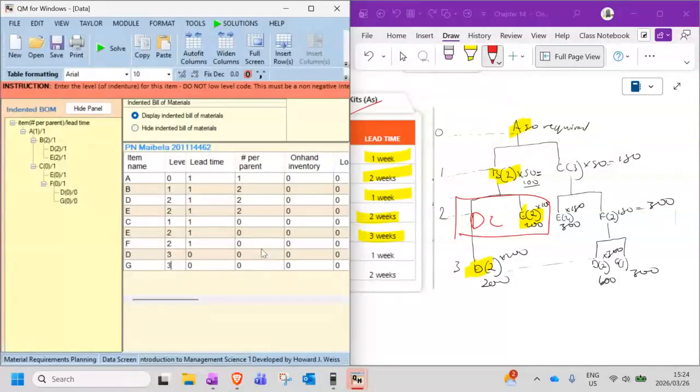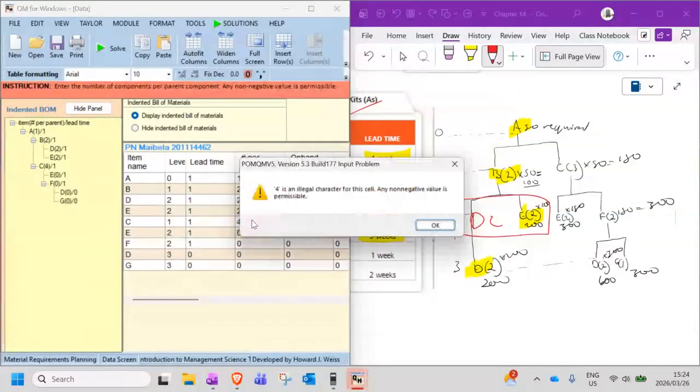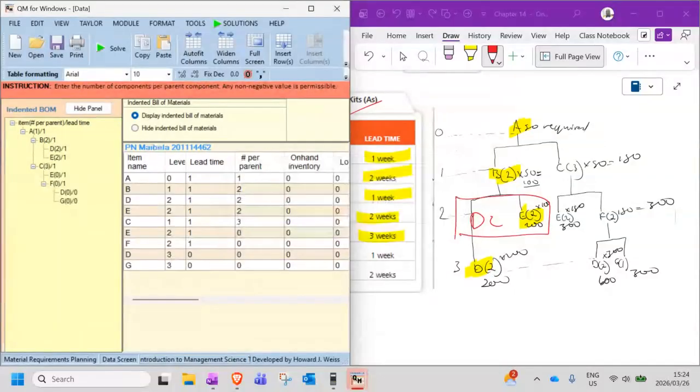Then we sort the per parent now. Let's go per parent from C. Per parent we have 3. No, this is 4. No, 3. Per parent for E under C we have 2.